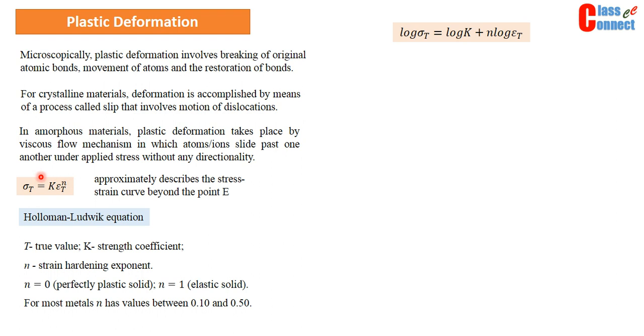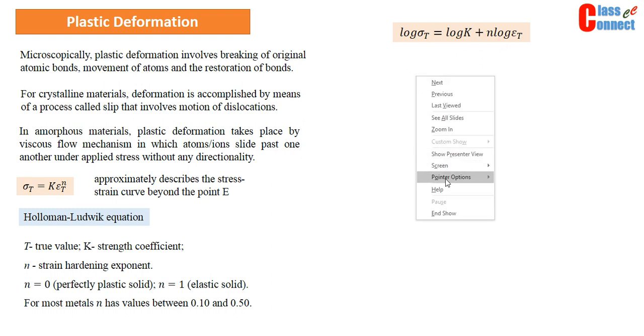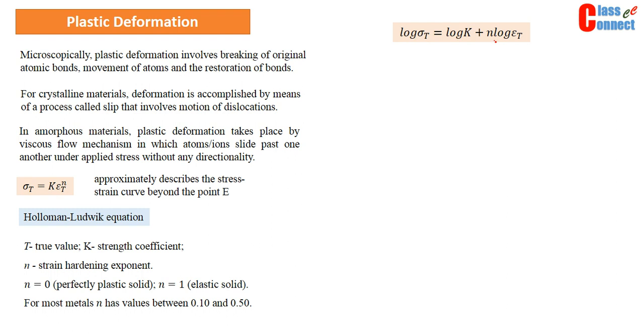If I take logarithm of this equation, I get log sigma_t is equal to log K plus n log epsilon_t. If I consider that log sigma_t is y and log epsilon_t is x, in that case this equation becomes y is equal to some constant, because K is a constant value, the strength coefficient, plus n, another constant, times x.